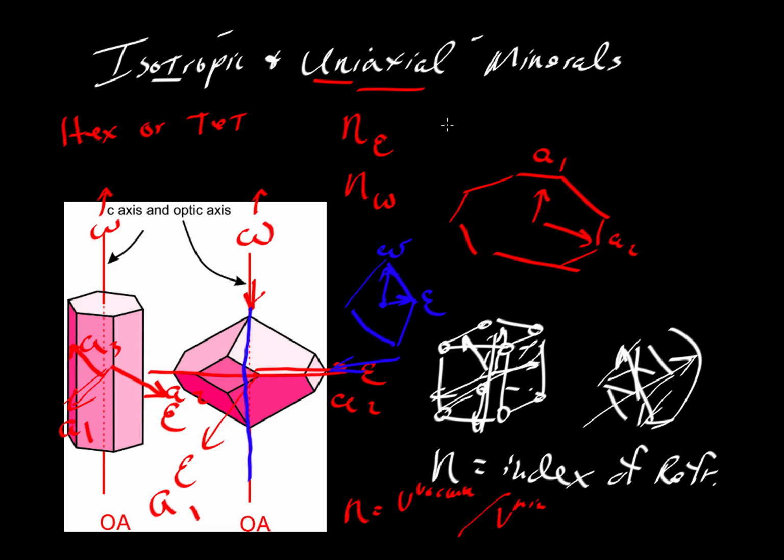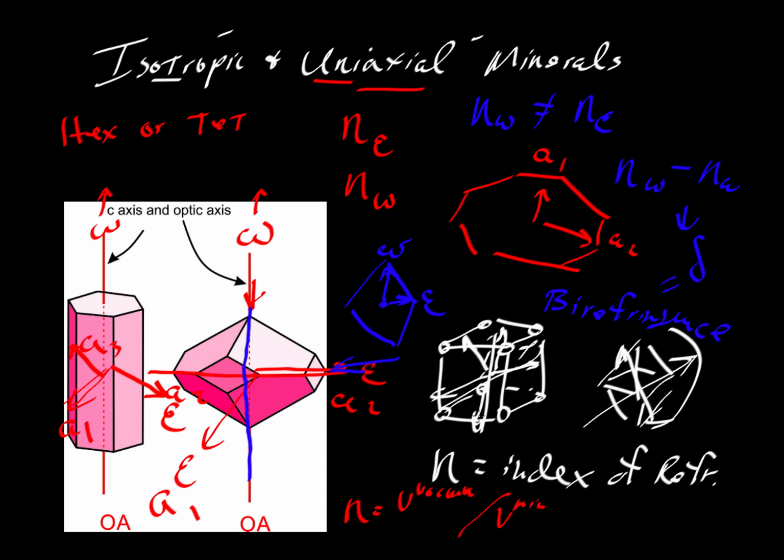And so this omega would not be equal to, so n omega is not equal to n epsilon. It can be either a faster or a slower direction. We'll look at that later. But this difference, n omega minus n epsilon, is something we refer to as delta. And delta has a special name. We call it birefringence.